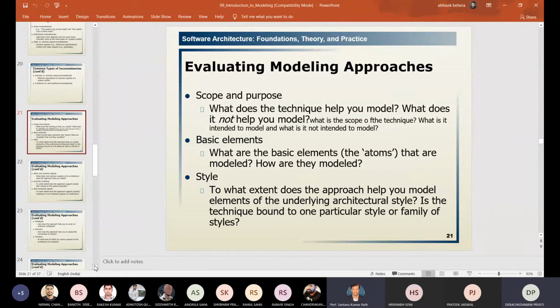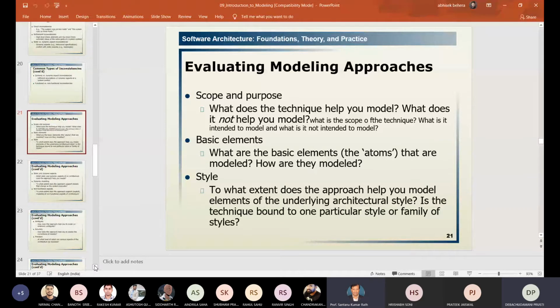Then, what does it not help you model? This will be decided by your scope. What will the technique help you model and what will it not help you model? So what is the scope of the technique? What is it intended to model, and what is not intended to model? These are some questions we have to ask about purpose and scope.